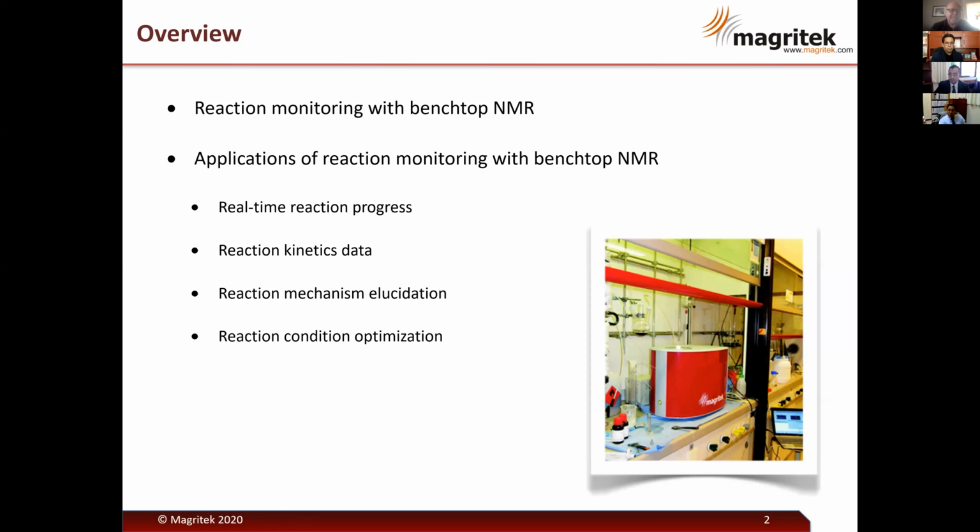This includes observation of real-time reaction progress, the calculation of reaction kinetic data, elucidation of reaction mechanism, and optimization of reaction condition. So these examples come from Magritek's labs in both the United States and Germany, and also from our customer research program.